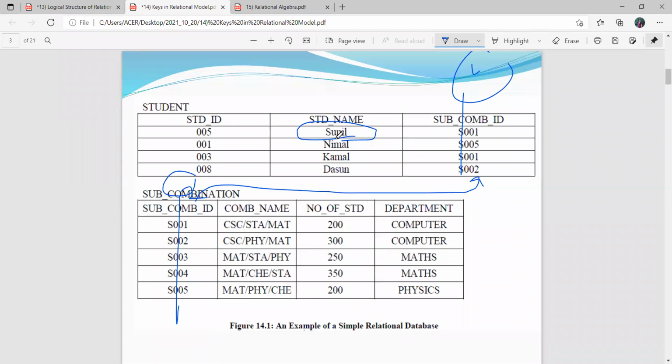CSE, statistics, maths. Which department does he belong to? Computer department. So you can see there is a link between these two tables.